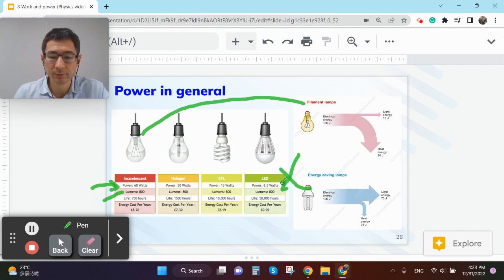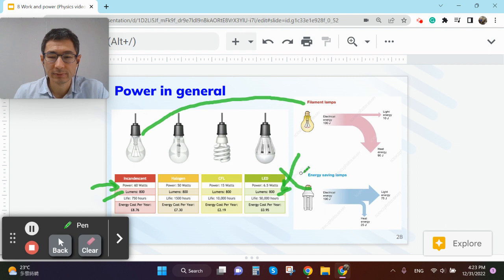LED consumes only 6.5 joules per second, but its brightness is the same as the incandescent lamp. So what's going on here?